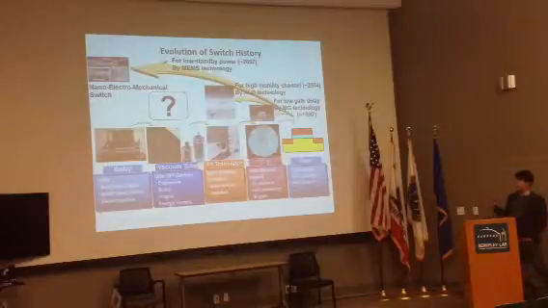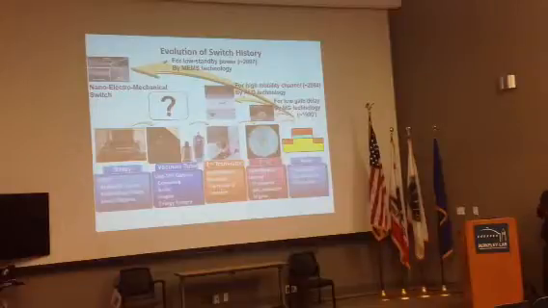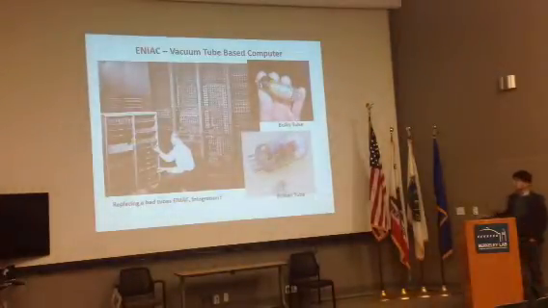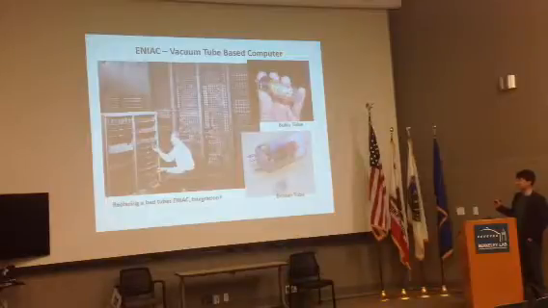I was examining why the vacuum tube went the way of the dinosaur, and what the factor was that replaced the vacuum tube with the silicon channel transistor. This is the very first computer based on vacuum channels.